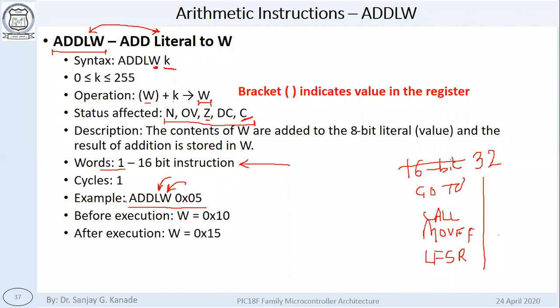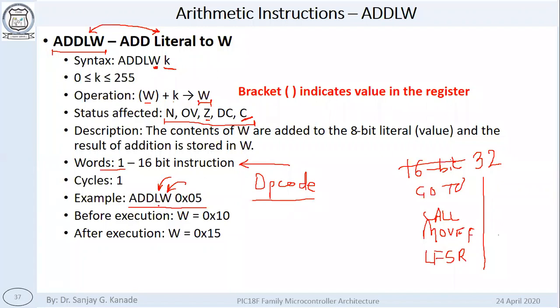Now if the instruction is, let's say, ADDLW, any instruction will have an opcode, obviously, because without an opcode how can you know what instruction it is? So the opcode is going to take up some amount of bits.